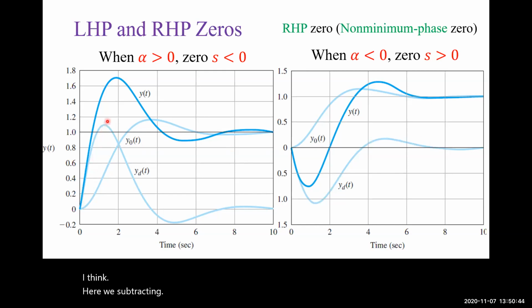So the positive becomes negative, and the negative becomes positive. So when we subtract the time derivative of the original response from the original response, then we have the total response as shown here.